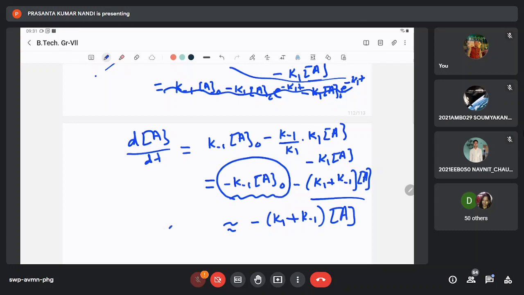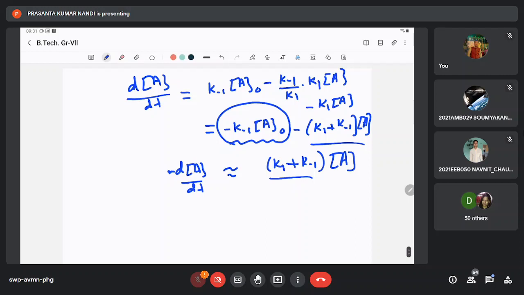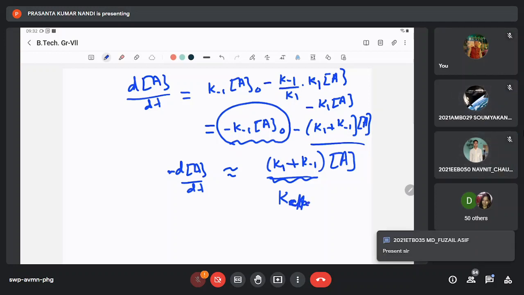If we observe the negative sign here, then we can write minus dA dt equal to this, right? And what is k1 plus k minus 1? That is the effective rate constant, or say k apparent. That is better.